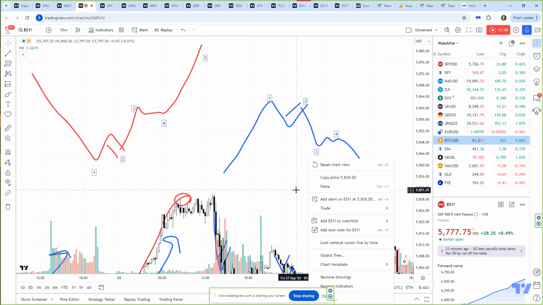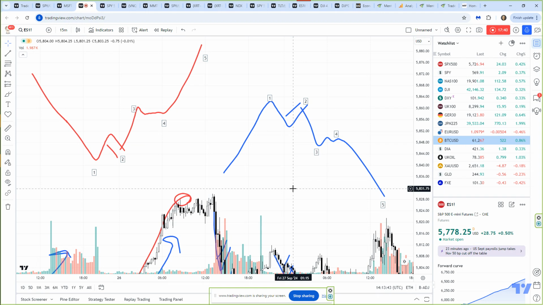So again, these constructs, if you understand them, these are just inverse.